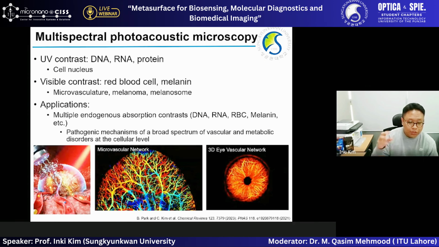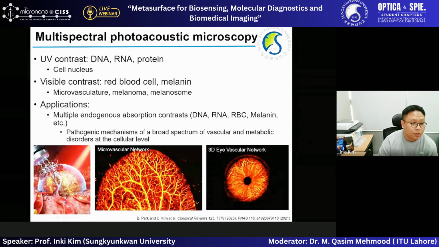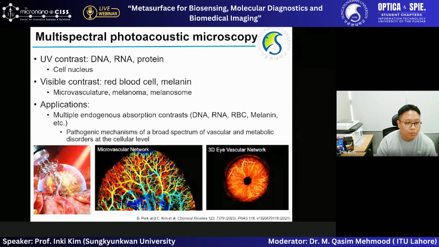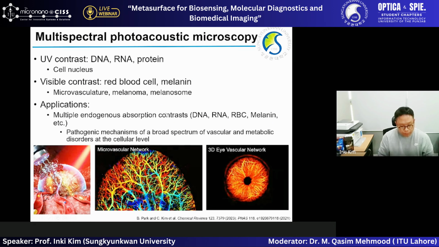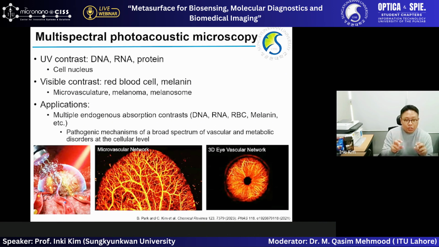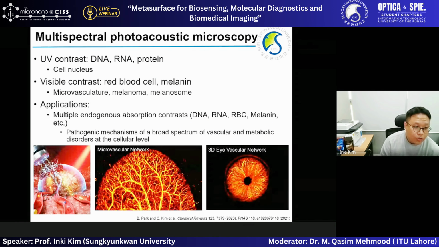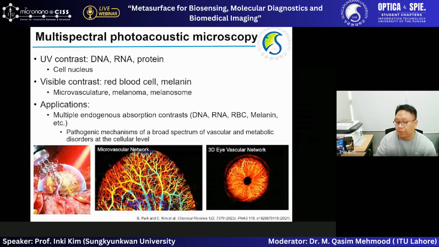Also, biomolecules like cell nucleus, melanoma or red blood cells have different absorption bands. Nucleic acid has UV contrast, and red blood cells have visible contrast. So by just changing the wavelength of the laser, you can differentiate them without any label.